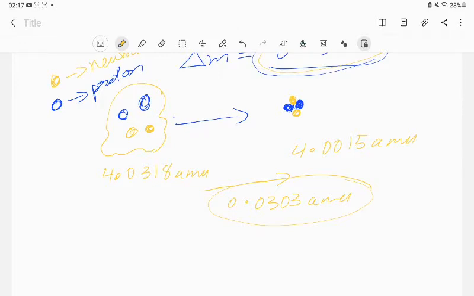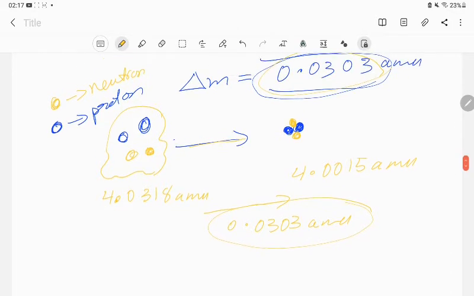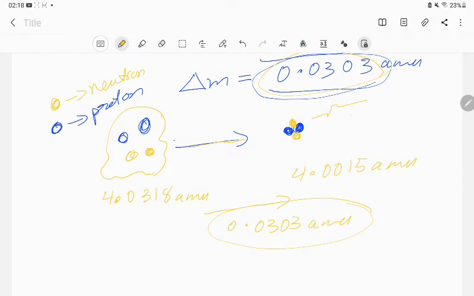Why is it lost? Because during this process some energy is used to bind this proton and neutron together.